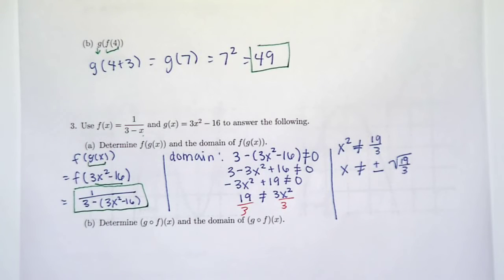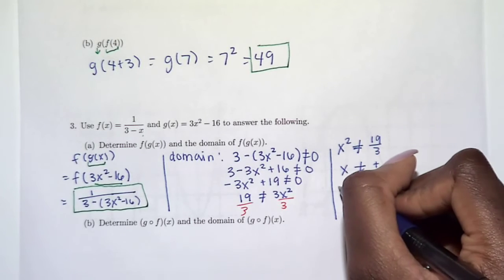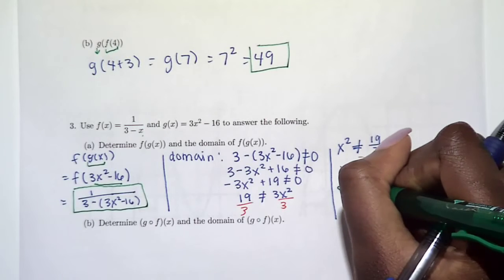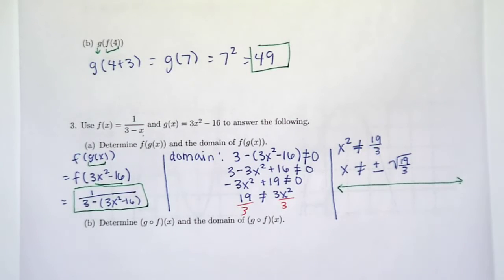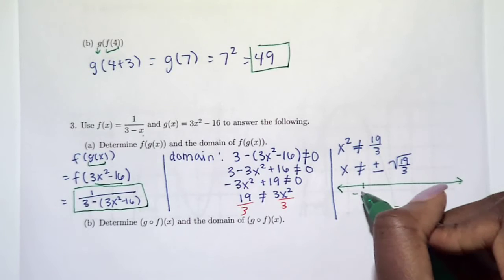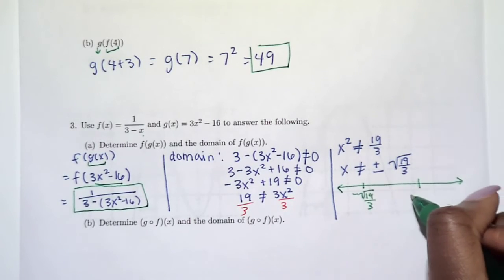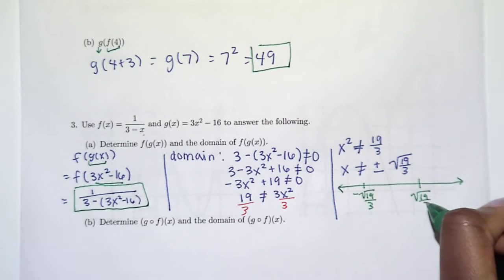So let's put this in interval notation. Remember, if you struggle with that, you can always do a number line. I'll do it in green. And put our two x values on the number line. So our negative square root of 19 over 3 and our positive square root of 19 over 3.